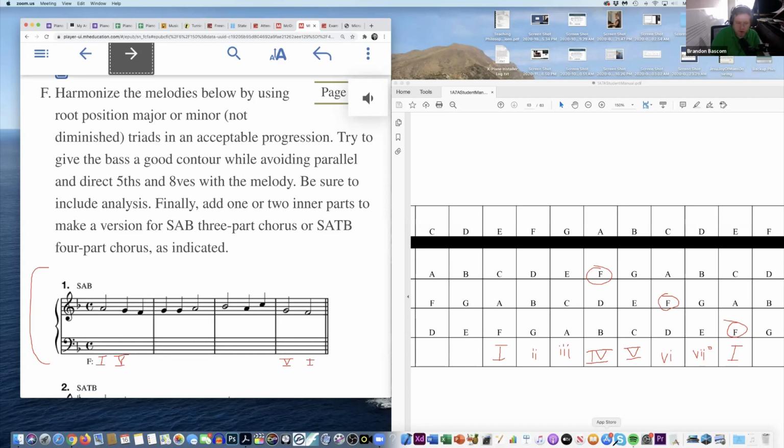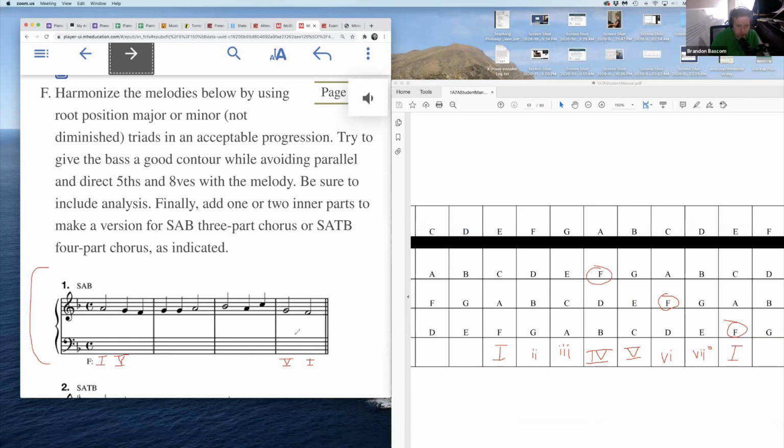All right, so our choices are the 5 can go to the 6 or the 5 can go to the 1. Let's go to the 6, because where does the 6 go? My chart has 6 going to either 4 or 2.